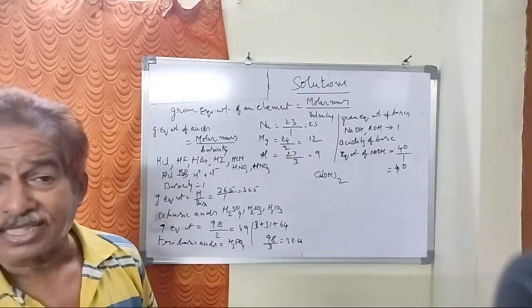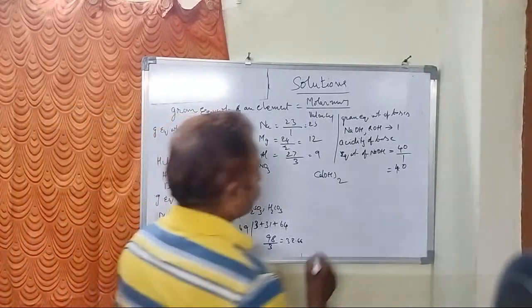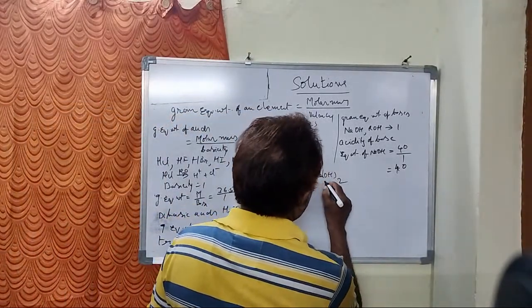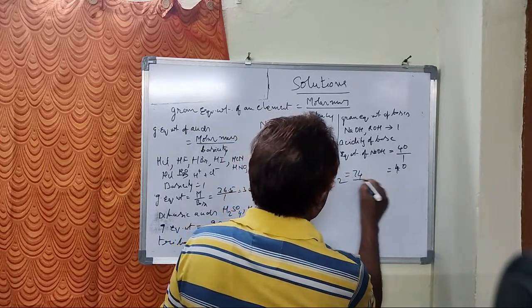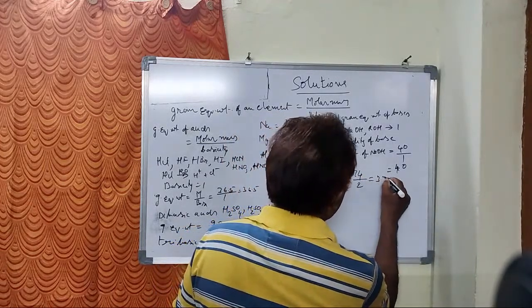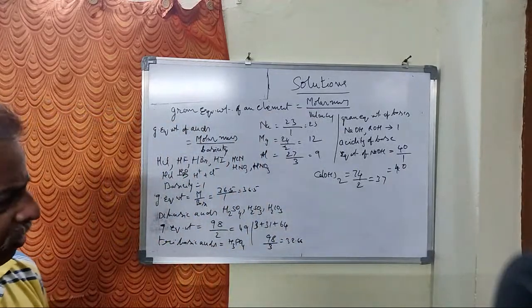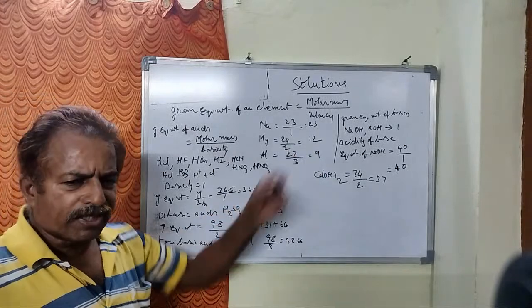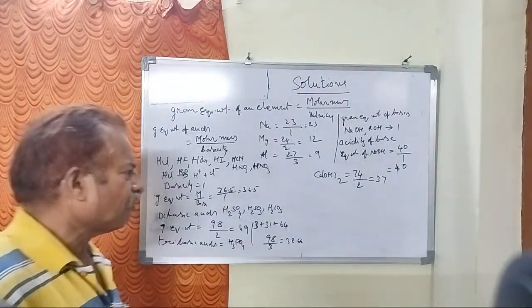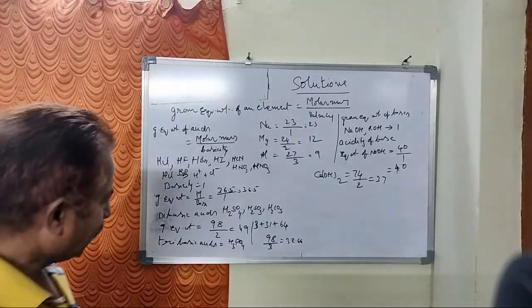Therefore, it is a diacidic base. What is the molar mass? 40 plus 17 into 2, 34. It is 74 by 2, 37. Gram equivalent weight of calcium hydroxide is 37. Thus we can find the gram equivalent weight, and of course we can find the molarity.